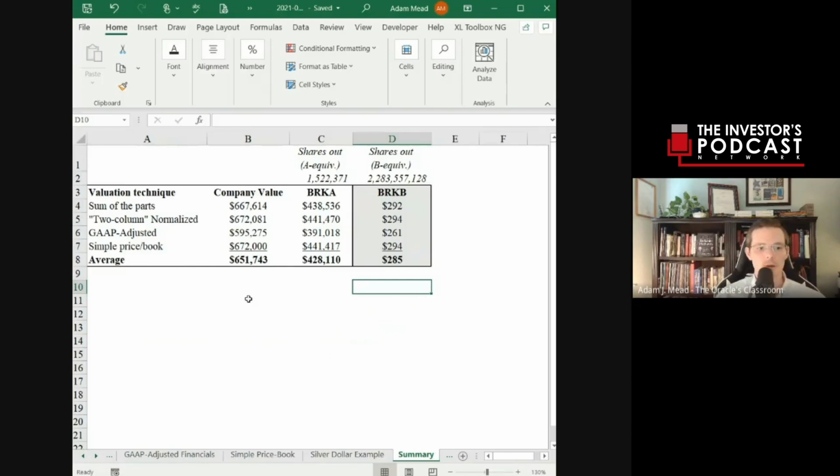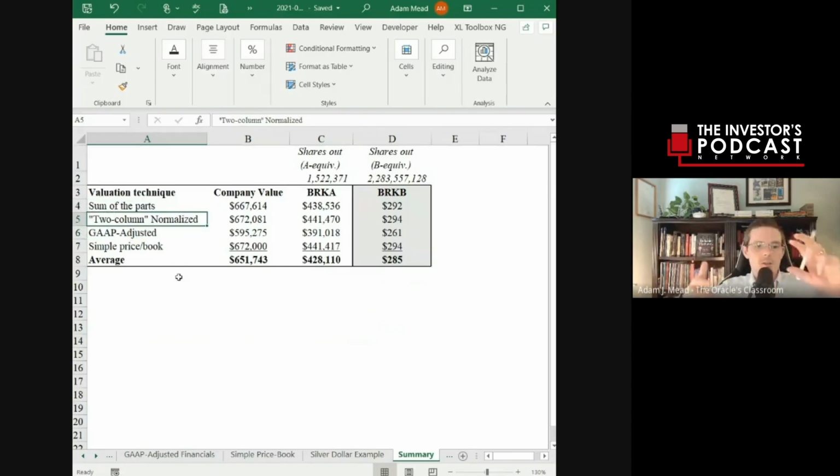And really what I think I've shown here is the two column method is really just a rejiggering of the sum of the parts, looking at it maybe from two different buckets, but the ultimate inputs to your model are probably best conveyed with the sum of the parts. And then the price to book can be your sort of check from time to time, perhaps.